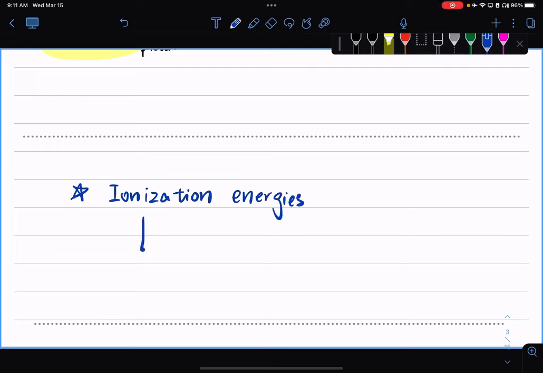We're exciting not only the valence electrons, but also the core electrons.